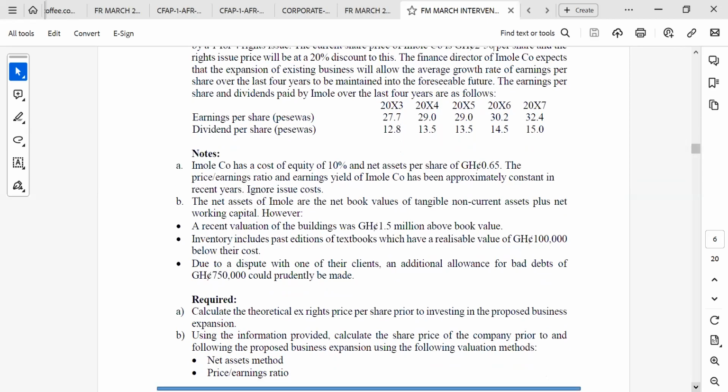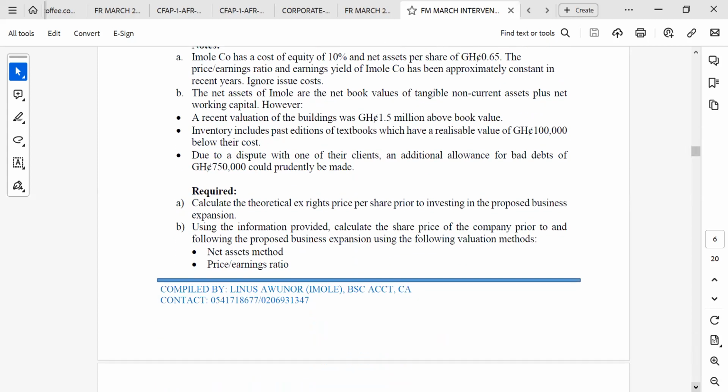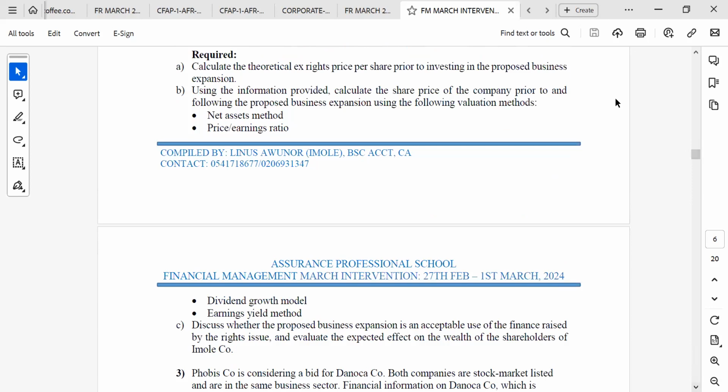Okay, so we have done with the theoretical XY price already, but they are saying that using the information provided, calculate the share price of the company prior to and following the proposed business expansion using the following valuation methods. Let's say we should use the net assets method, price earning ratio, the dividend growth model and earnings yield.